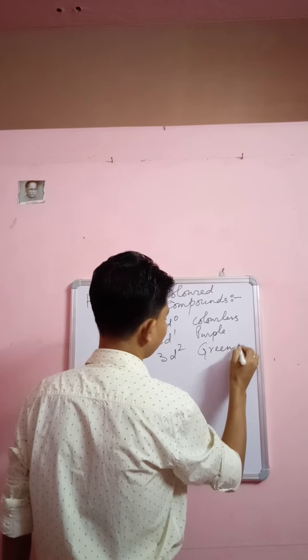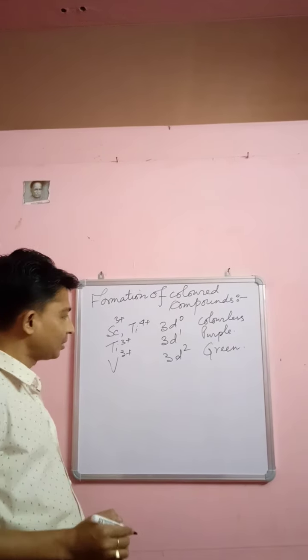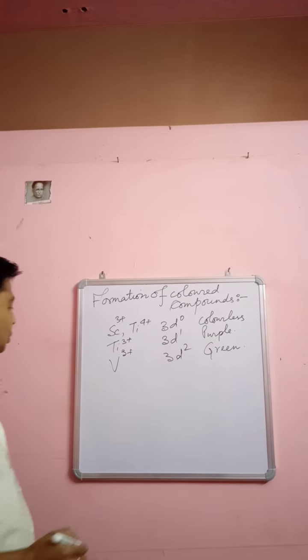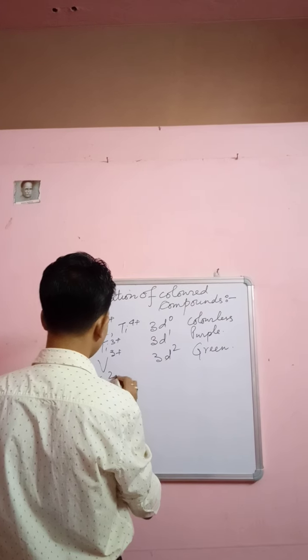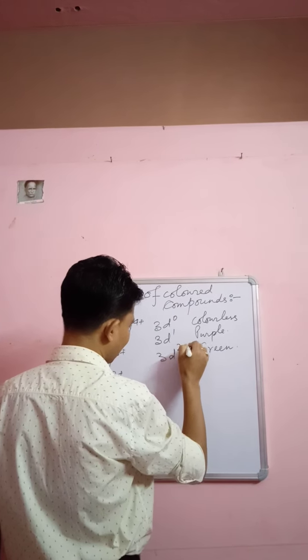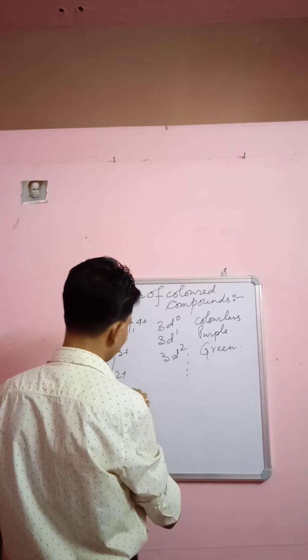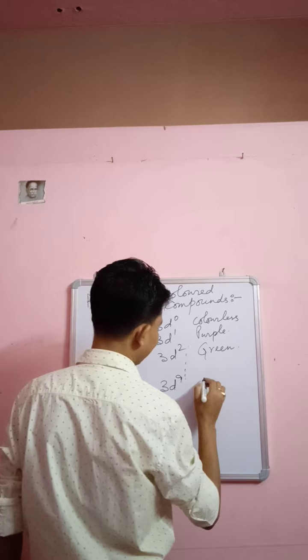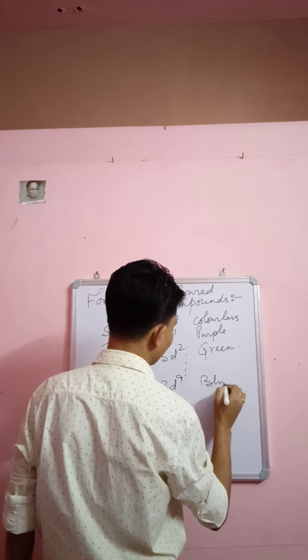In this way, if we go on moving one by one, when we reach copper 2 plus, it has 3d9 configuration and the color of the complex is blue.